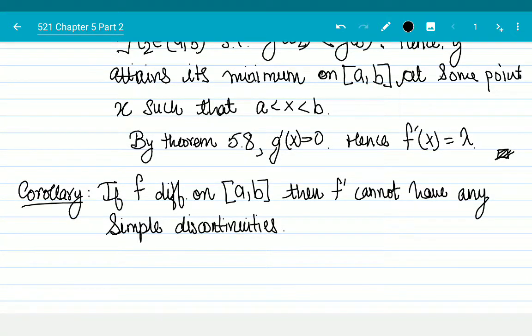Okay, you cannot have that the limit from the left exists, the limit from the right exists, but the limits are not equal. If the limits exist, they have to be equal, but you could still have a discontinuity of the second kind where the limits don't actually exist.